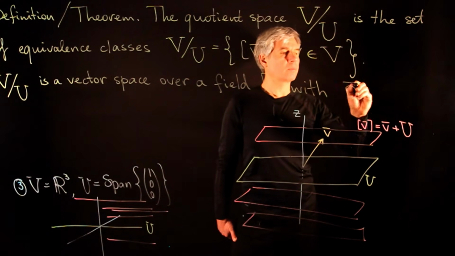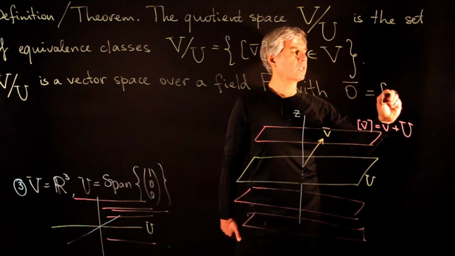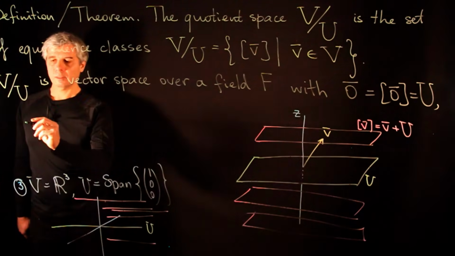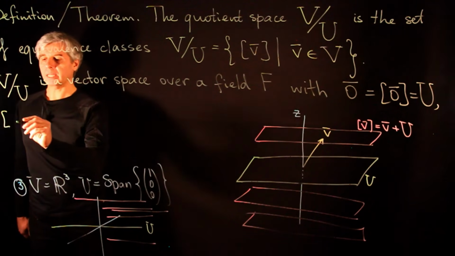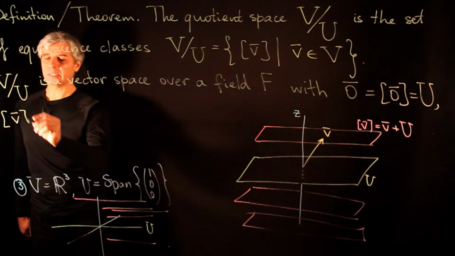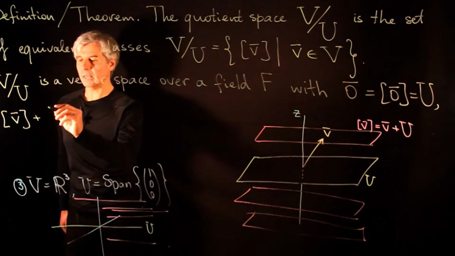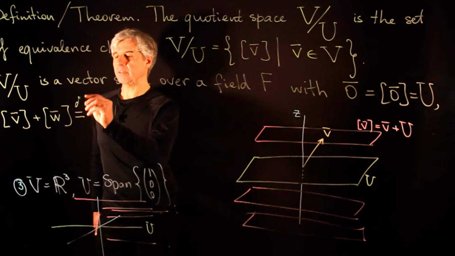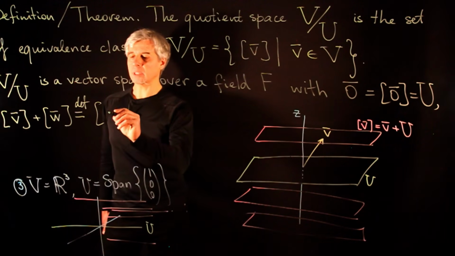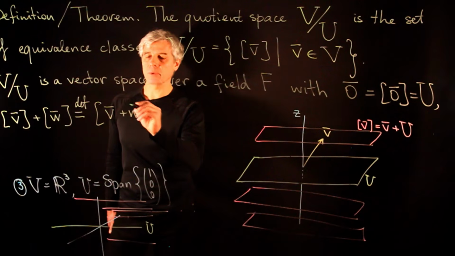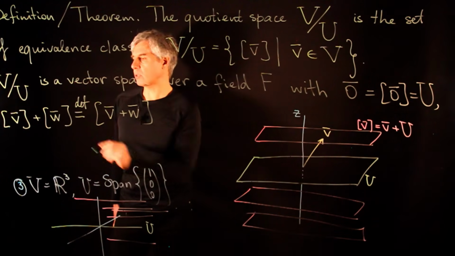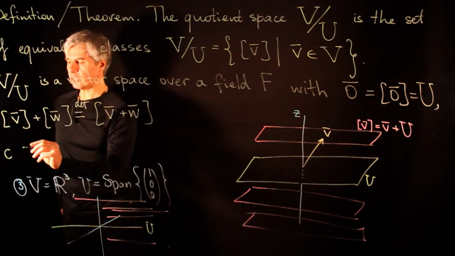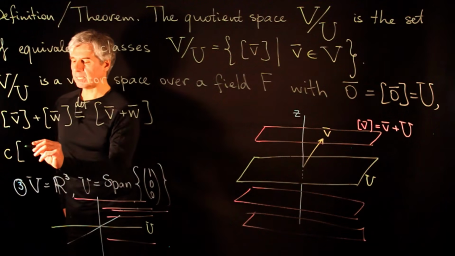with zero vector being the equivalence class of 0, so that is the subspace U. And we have the operation of addition of equivalence classes. If we have the equivalence class of V and we add the equivalence class of W, then by definition we get the equivalence class of V plus W. This is the operation of addition in this vector space, and we also have the operation of multiplication by scalars.